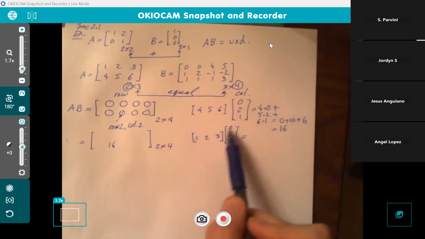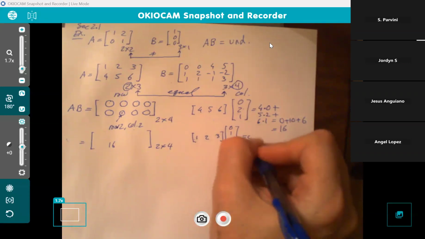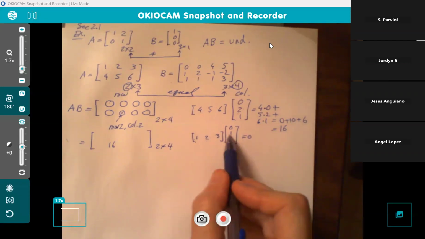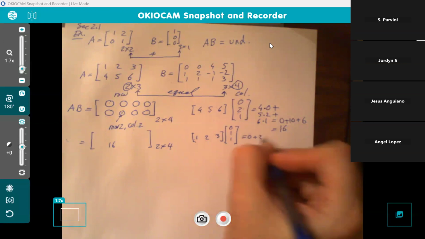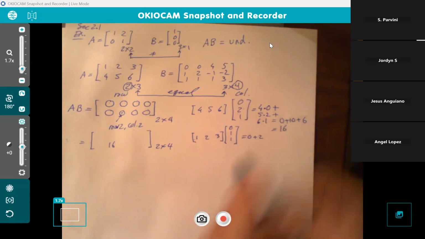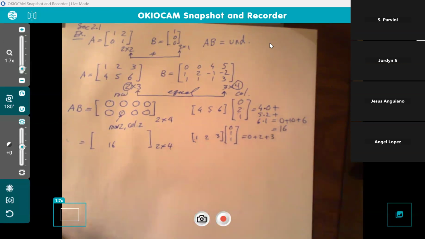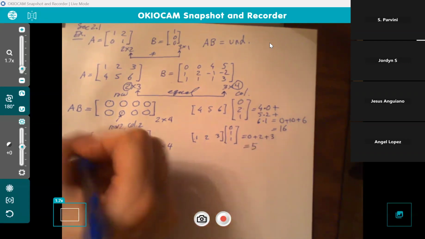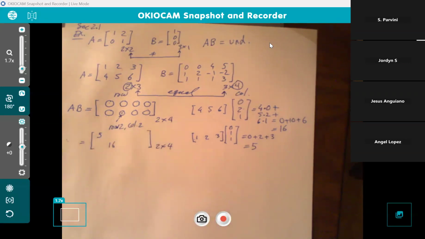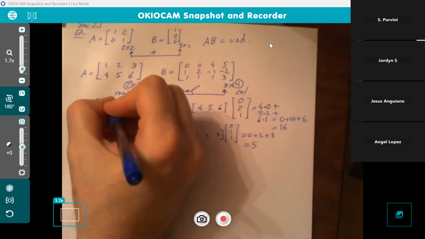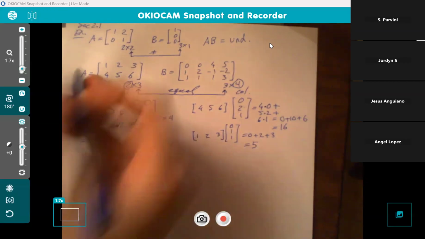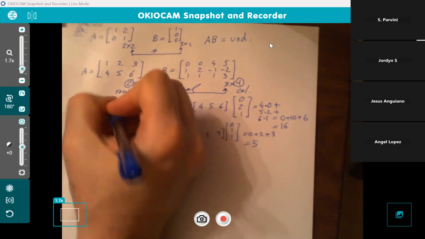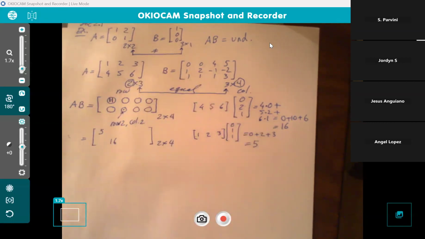You do 1 times 0, 0. 2 times 1, 2. 3 times 1, 3. And then we go 2 plus 3 is 5. There you have it. So that's going to be the element in the first row, first column. So this was 1, 1.